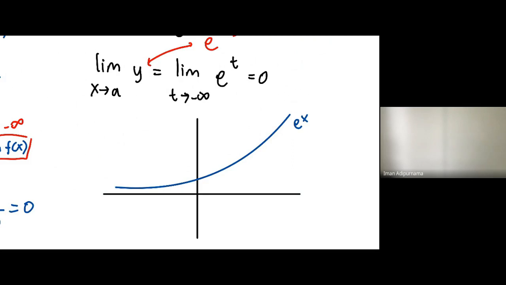It's going to get larger and larger and go to positive infinity. If you have a negative, so this will be e with negative x.